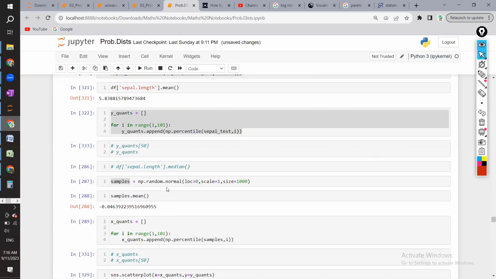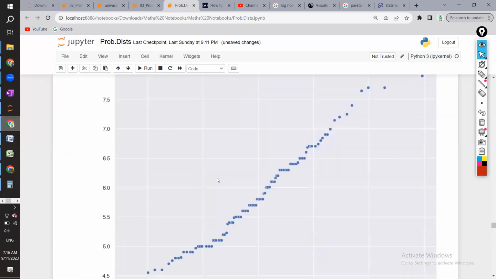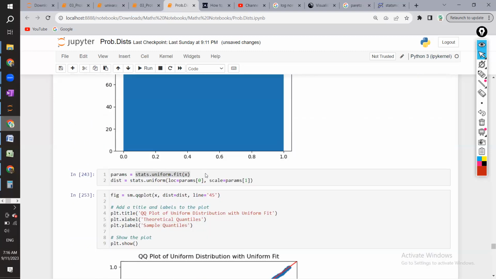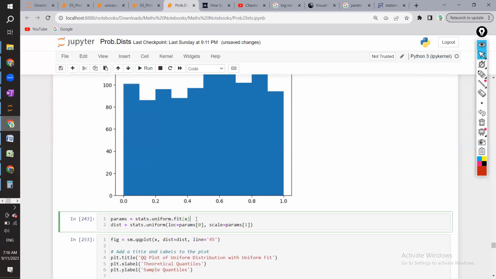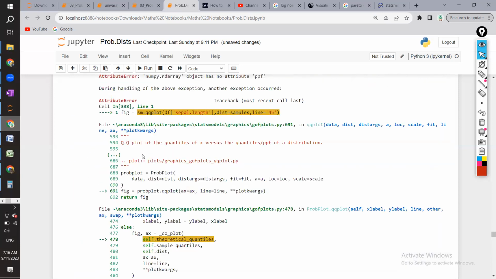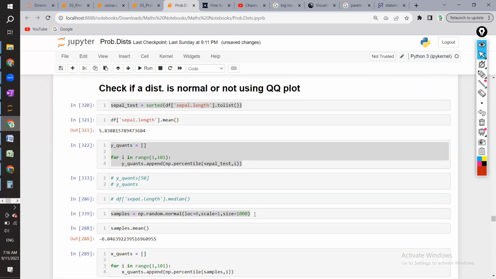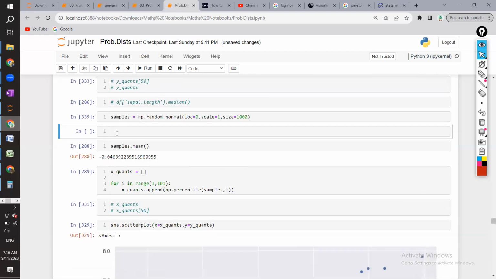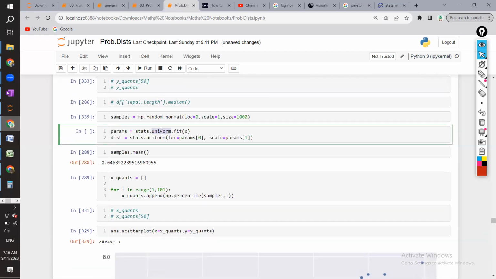Let me create samples. We are randomly generating, right? I think we need to create a normal distribution, like stats.normal.